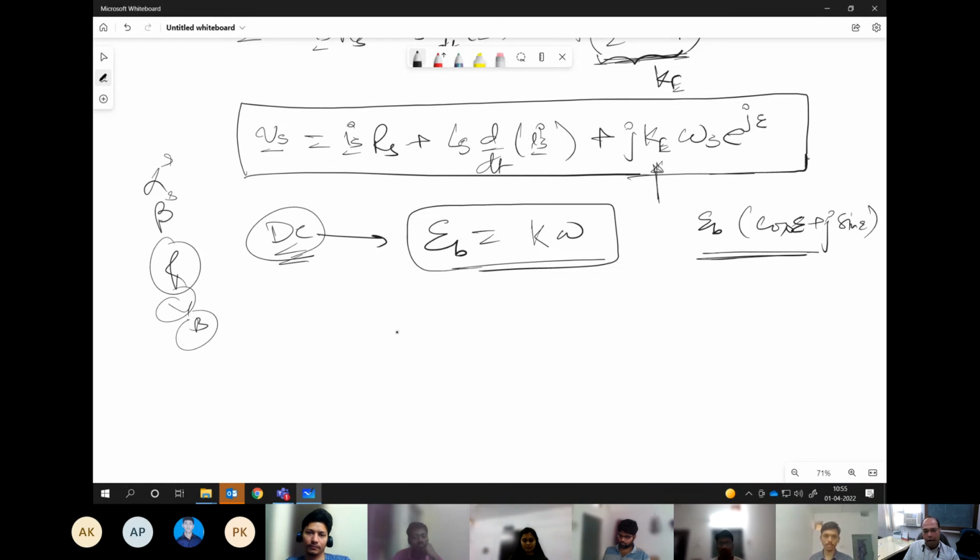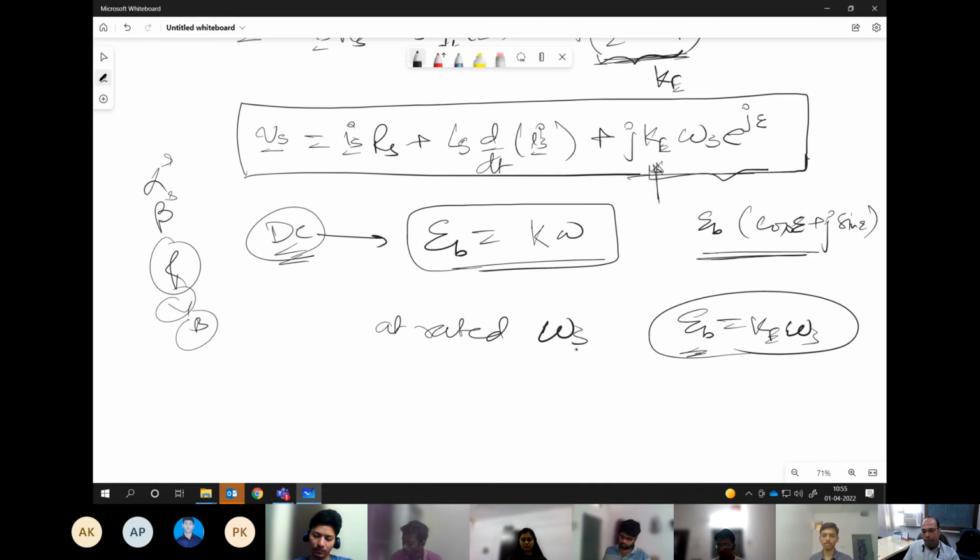They will give the value of back EMF magnitude at rated omega s. This is generally given for any PMSM. So from here we can compute the magnitude of EB, which means the value of Ke times omega s. So Ke simply can be computed from the machine ratings, omega s and EB. Correct? So all the things are known in this equation, right?